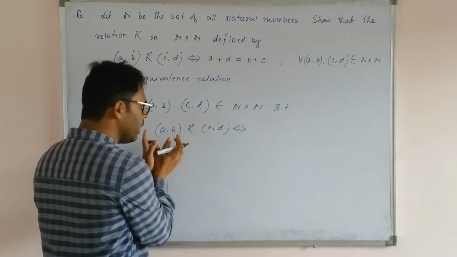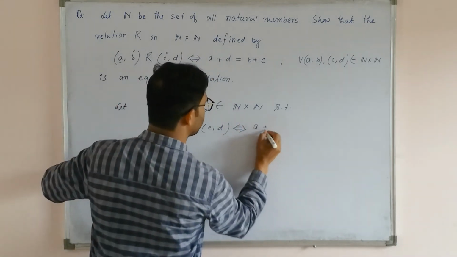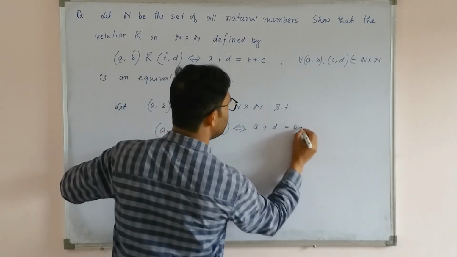Whenever we take (a, b) related to (c, d), then by definition of the relation it should be a + d equal to b + c.